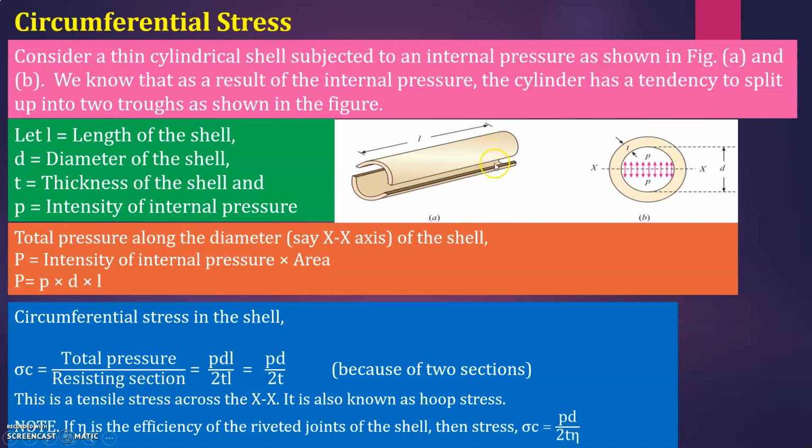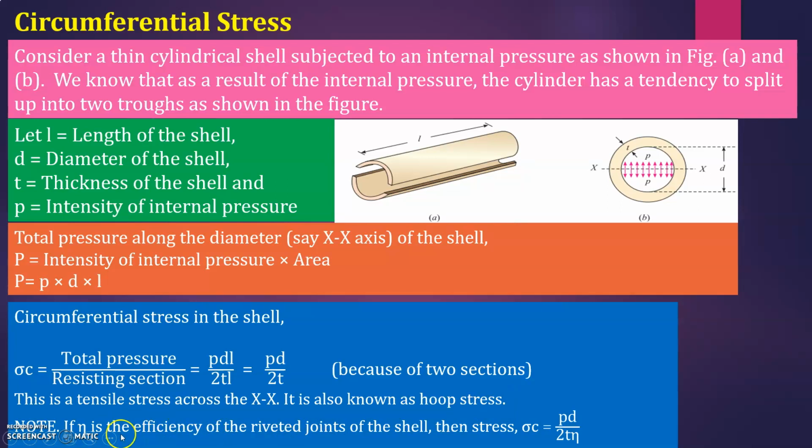Since it is cut into two troughs, it is 2 into thickness into length, so the resisting force is 2 into t into L. Simplifying, L gets cancelled, so sigma C is PD divided by 2t. This 2 is because of two sections. This is a tensile stress across the XX direction and it is also known as hoop stress.